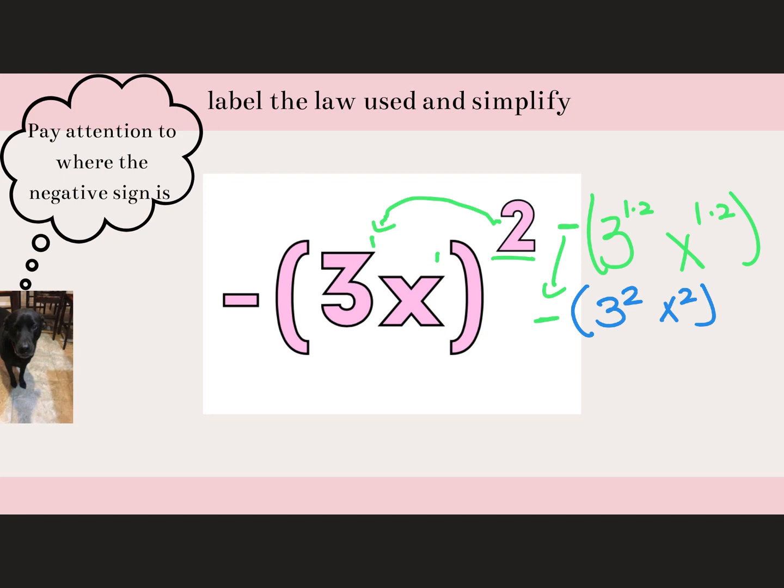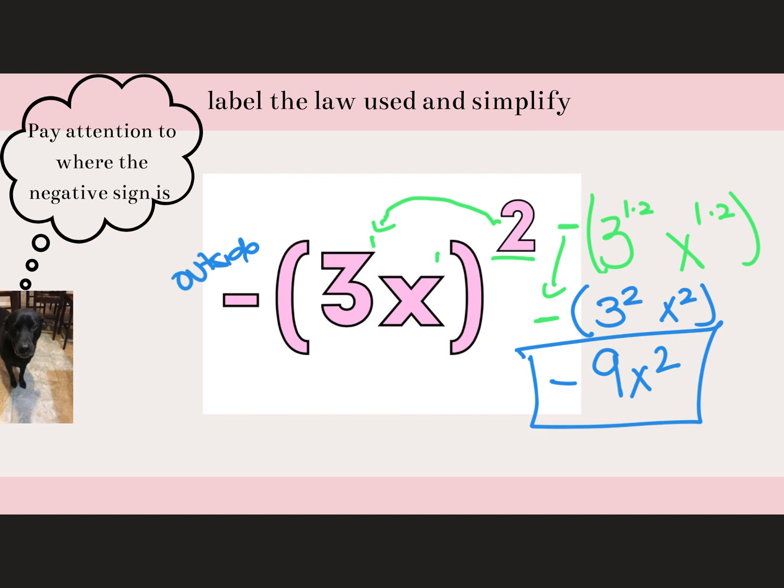What is 3 squared? You know it's not 6, it's 9, x squared. Now, because that negative is on the outside of the parentheses, okay? Do we square that negative? Nope, not at all. Just tack it on to the front of your answer. And that's your final answer.